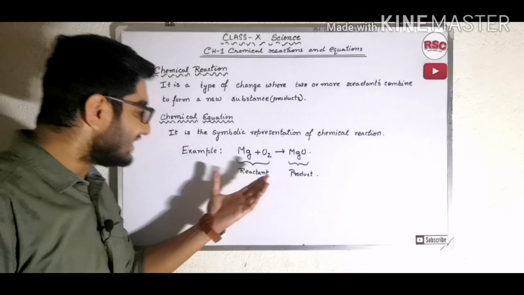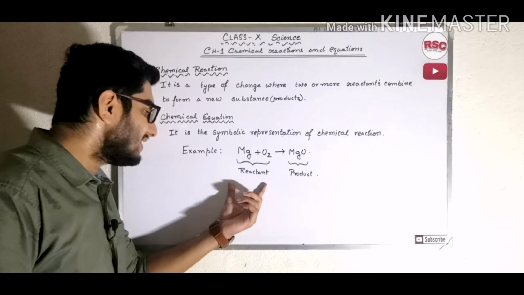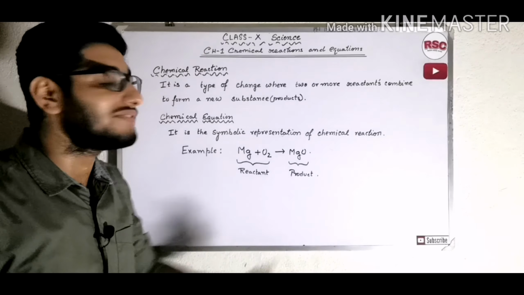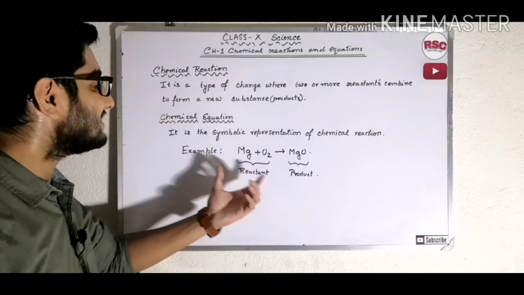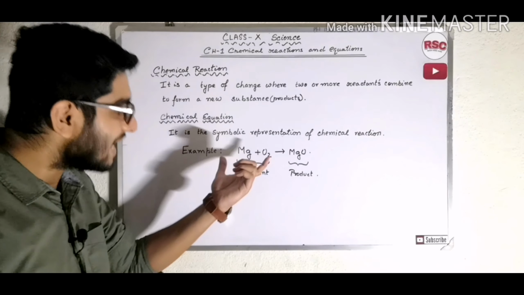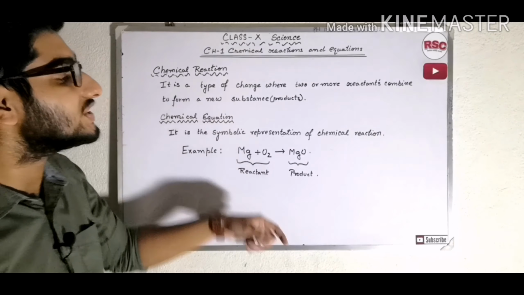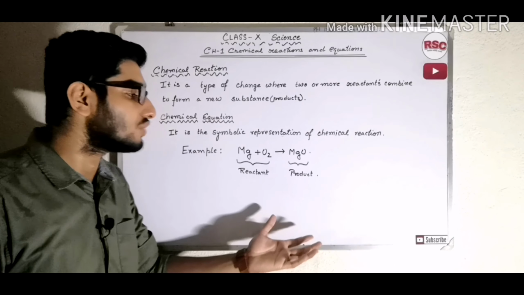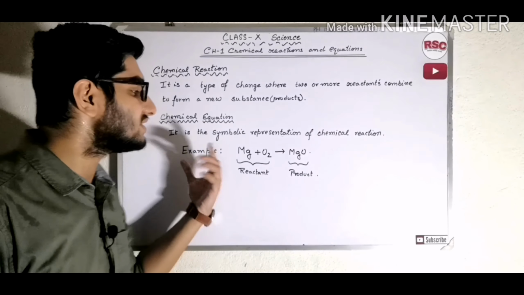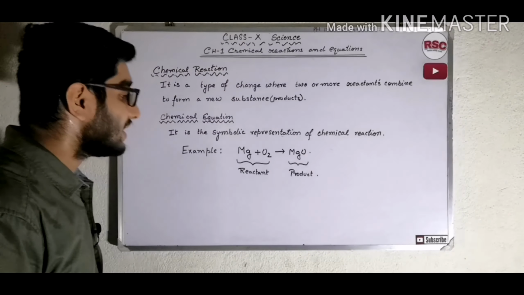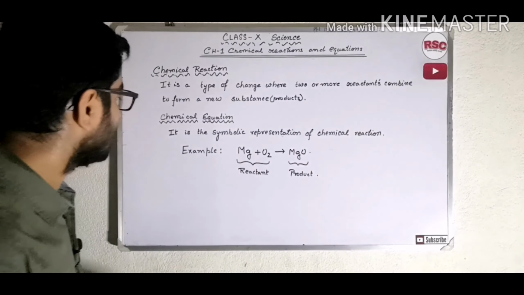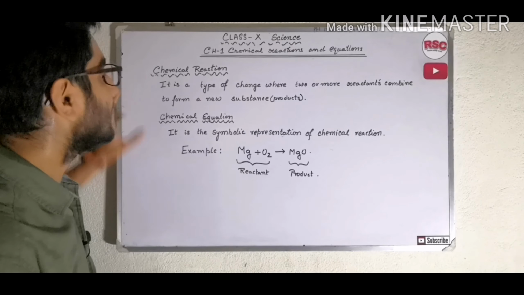On the left side you can see I have written the reactants, and on the right side the product. These are the two reactants, or the substances, which combine to form a single product, or maybe in many equations we will see more than one product. So this is the product, and this is the chemical equation.